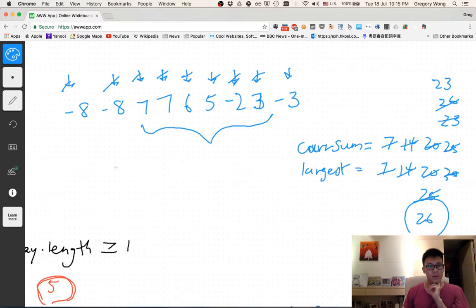So it works because in cases where the sum is interrupted by a negative number, and adding that negative number would make the sum negative, then I know that there's no point in continuing that sequence, because if I didn't include that part, the sequence would be greater than if I included it.